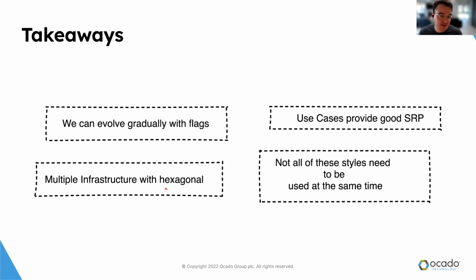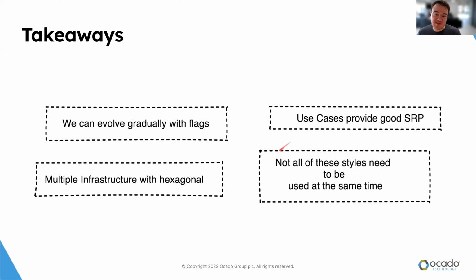Then we leverage hexagonal architecture for it. Use cases provide a good single responsibility principle, even though there will be some code duplication. If the duplicated code should change for different reasons, there are benefits to it, right? So it prevents the bad type of generic code.